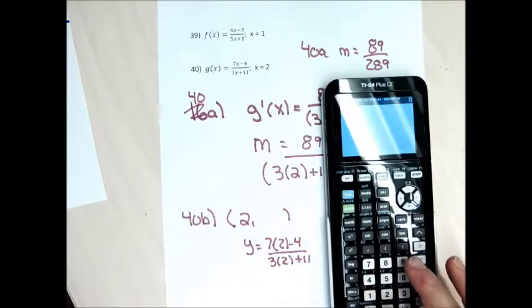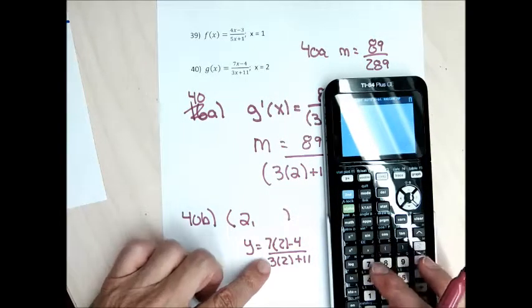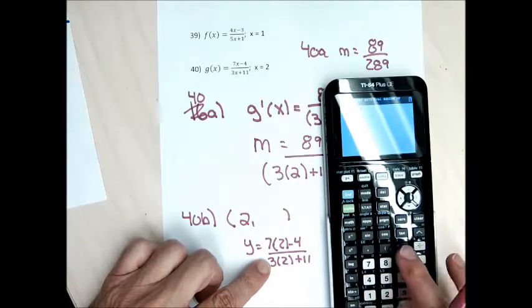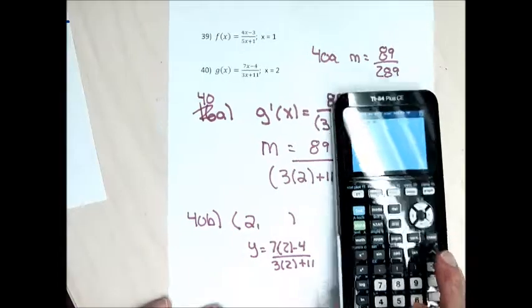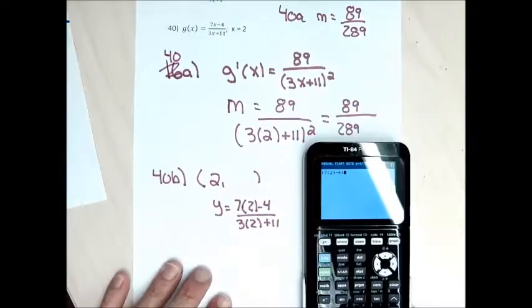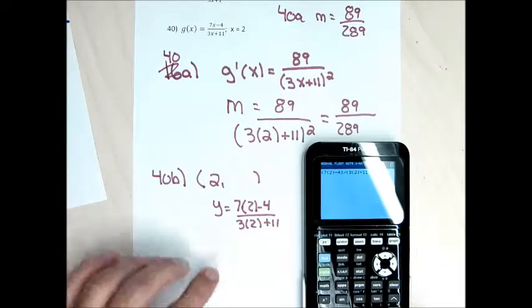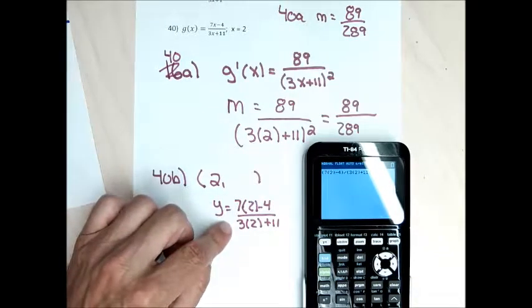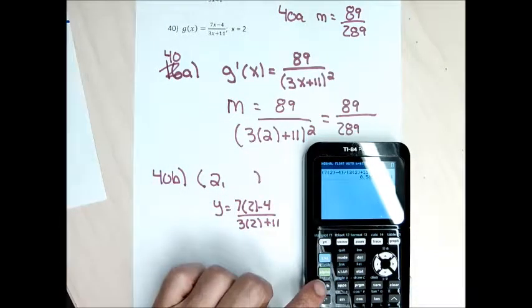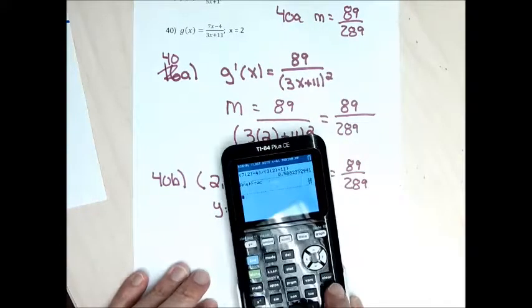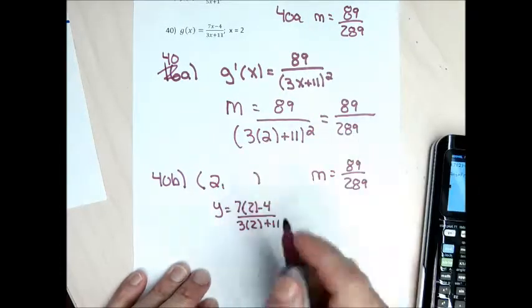So I'm going to find this number by going 7 times 2 minus 4, with the entire numerator in parentheses, divided by the entire denominator in parentheses, 3 times 2 plus 11. Then decimal, then math, and enter twice. This comes out to be 10 over 17.